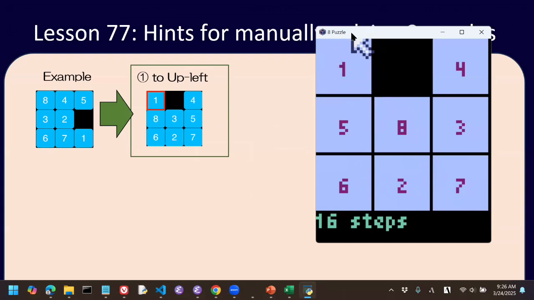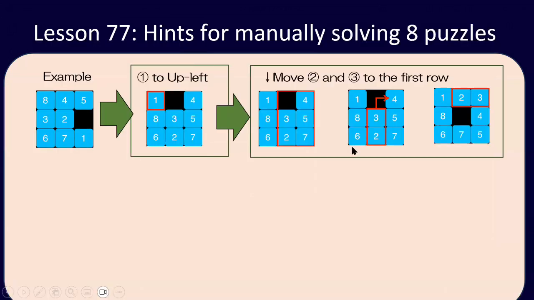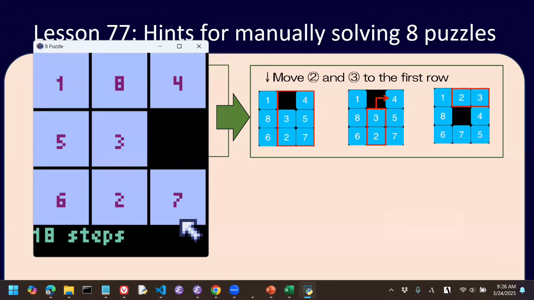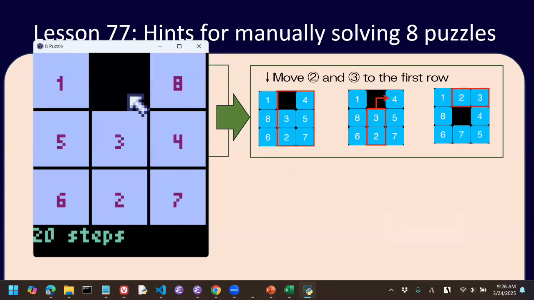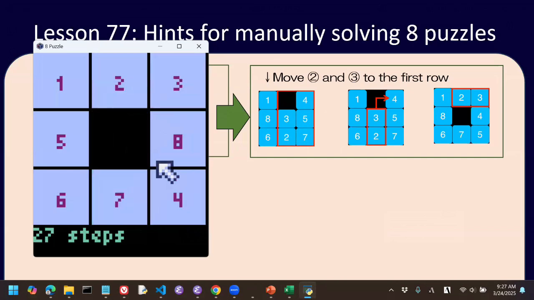What's next? Next is to move 2 and 3 to the first row, like this. To do that, we can first see where the 2 and 3 are, which is a little different from this. Whatever way we can do, yeah, I know I can do it like this. Good.